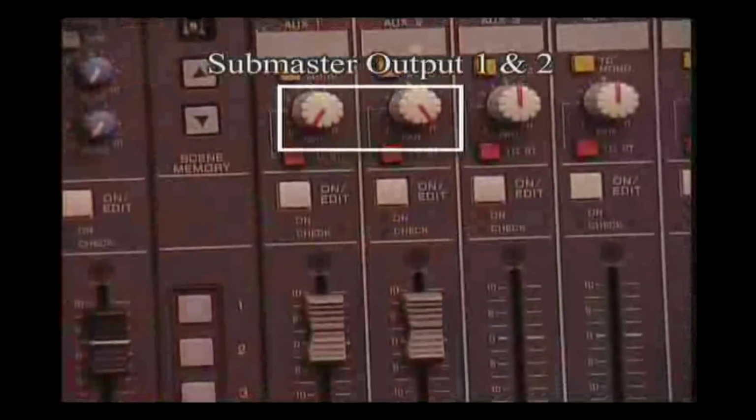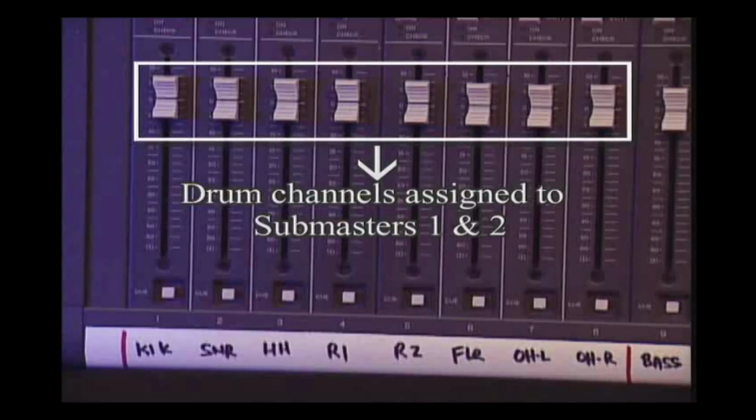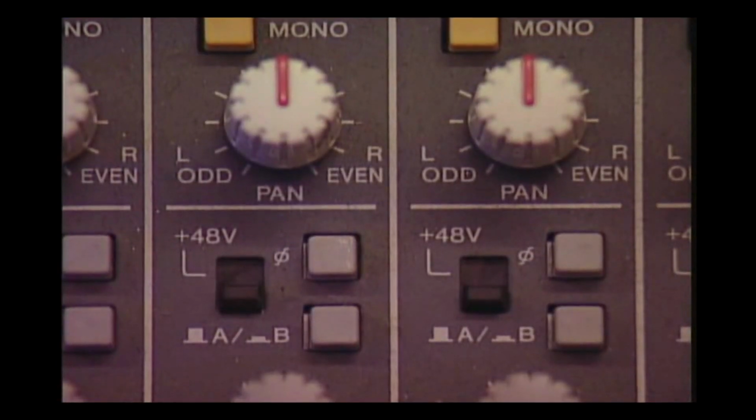Raising faders 1 and 2 in the submaster section would then control the output level of all channels assigned to submaster 1 and 2. Doing this makes it much easier, for example, to control the entire drum kit's volume from 2 faders instead of 8.